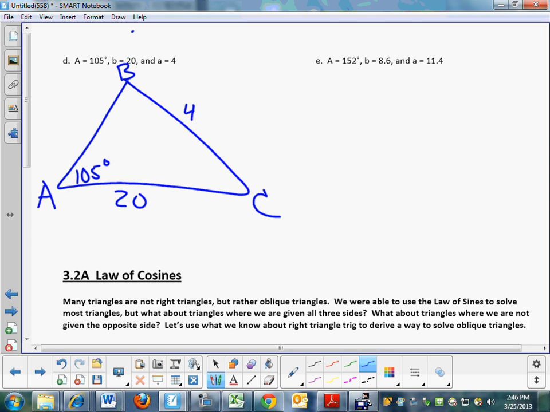Just think about it. It is too small. If you have a 105-degree angle, true or false, that's going to be my biggest angle. So it also has to have the biggest side. Oh, you can see no solution right away, right? Do you guys see that? Yeah, we're done.